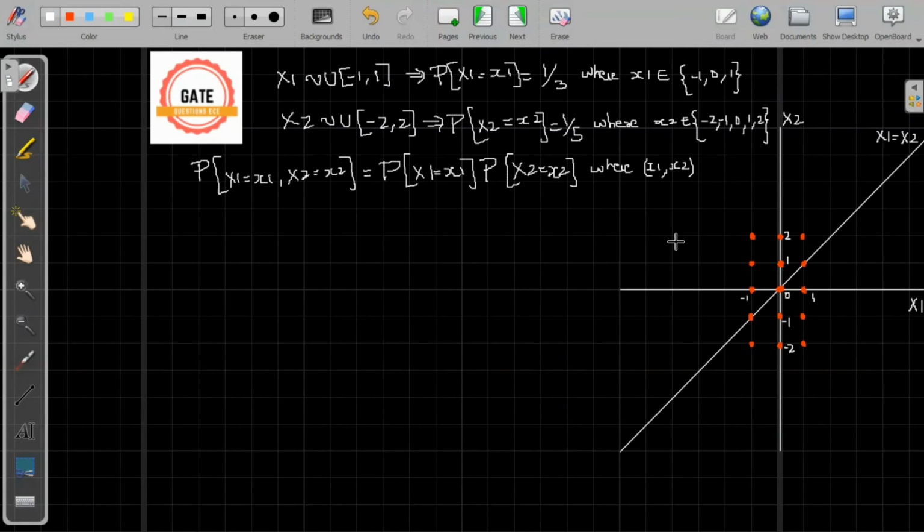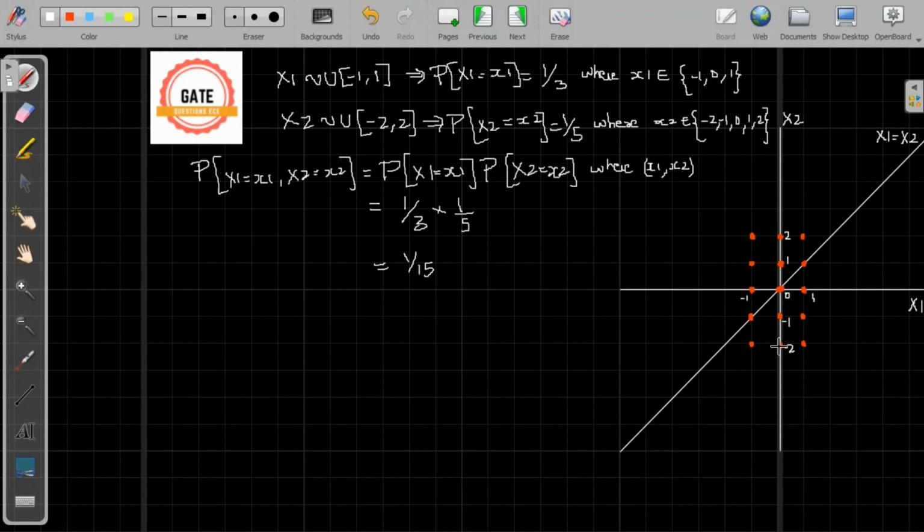For these 15 pairs only the joint probability will be non-zero. For all other points in this x1 x2 plane the joint probability will be 0, and this non-zero probability will be equal to 1 by 3 times 1 by 5, so this joint probability will be 1 by 15.